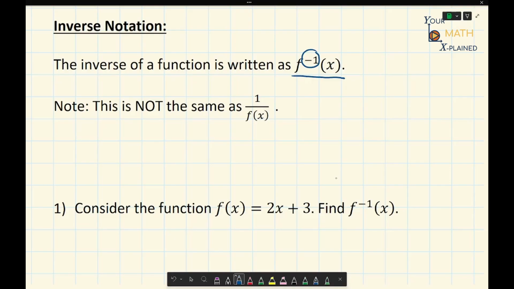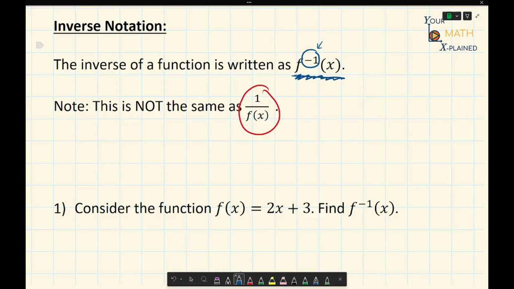One very important point is that this is not the same as 1 over f of x. Some of you might think that this little -1 here is an exponent, but it is not. It is just how we write and denote an inverse. So this is read as f inverse of x.